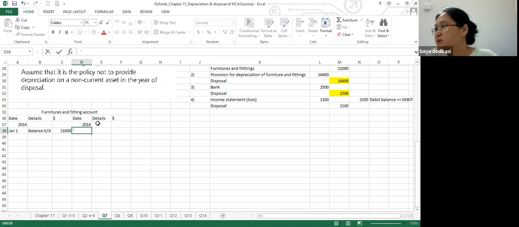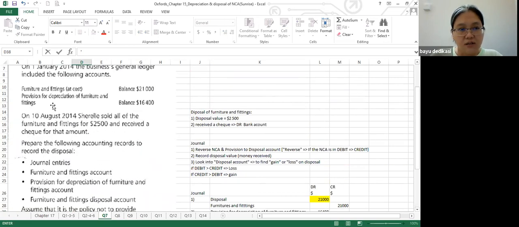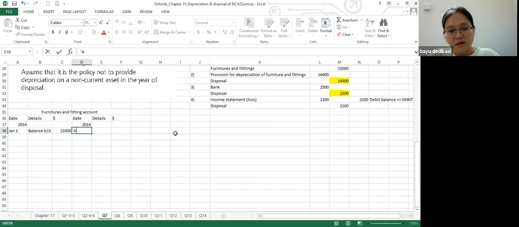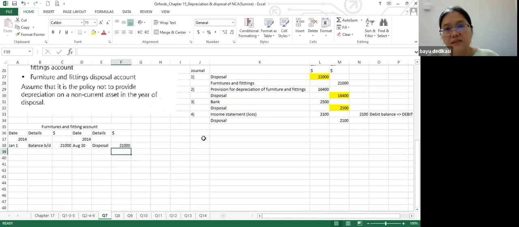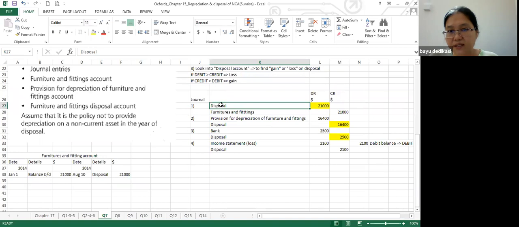When we have the disposal, put 2014. When is the disposal? The disposal date is August 10. So here put disposal. The value is here: debit disposal, credit furniture and fitting. This credit refers to journal entry number 1. Put this beside here.